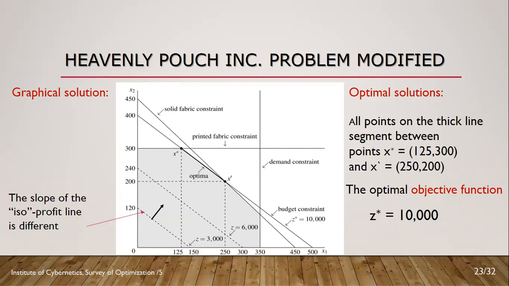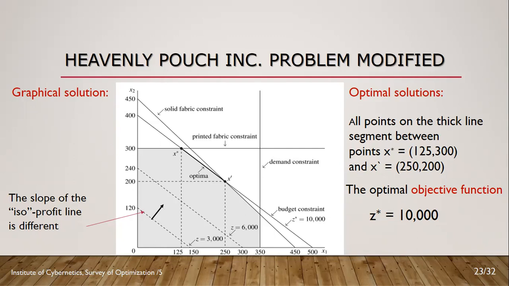So we have some feasible regions the same as we expected. So it is the same. Yes, it is the same fact. The slope of the iso function is different. It is here. Still, let's move it in the direction of the gradient.